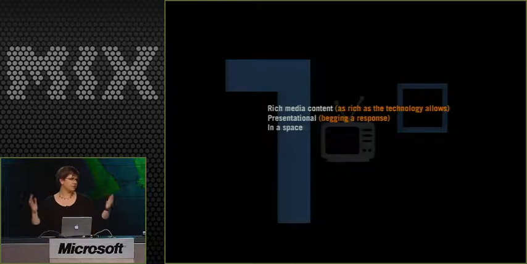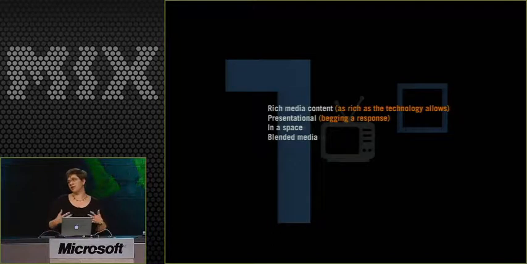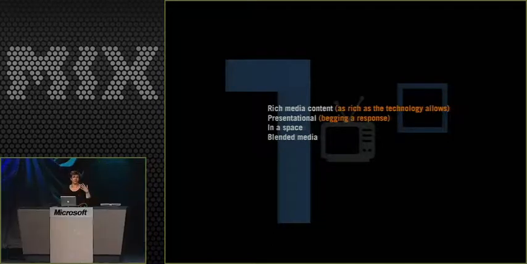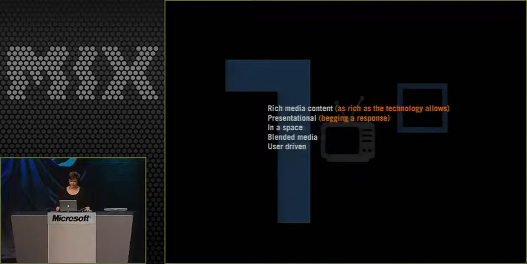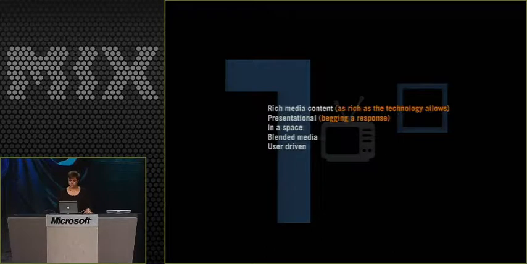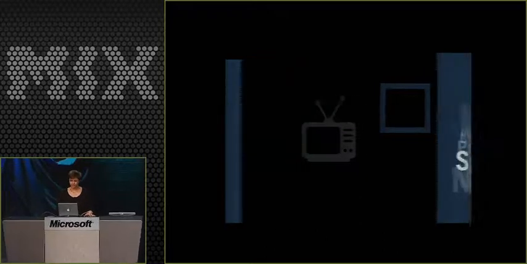So we're often setting up a physical space that content lives within, and the user begins to understand how and where experiences exist in that space. We're talking about blended media in a way that we haven't been able to do before. So we're talking about video game and video content coming together. And obviously, the experience is always going to be user-driven.